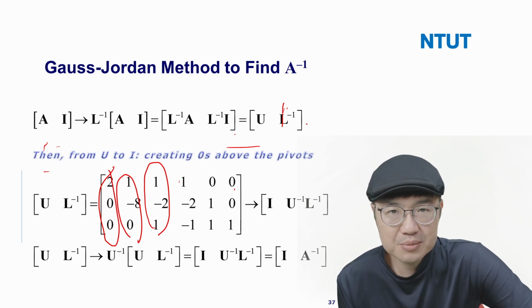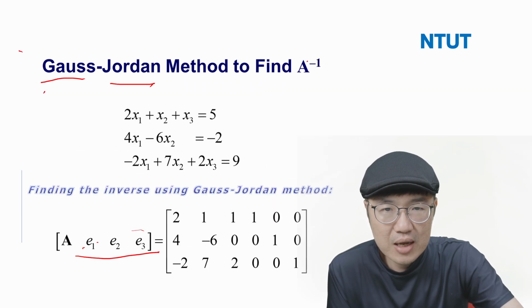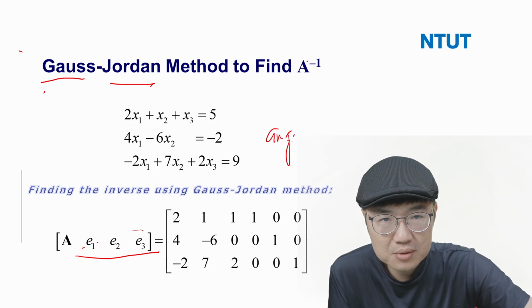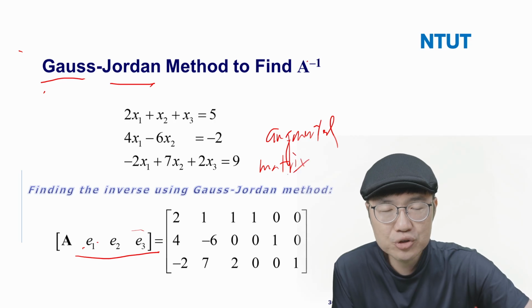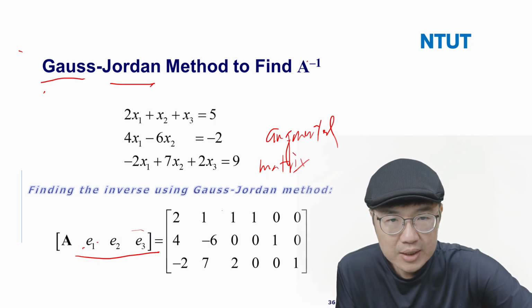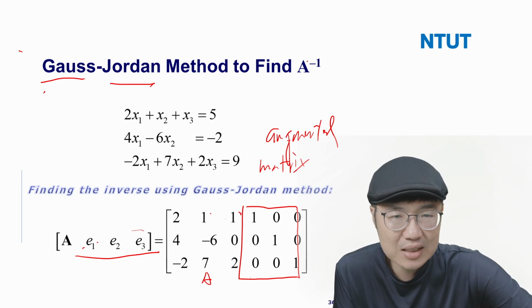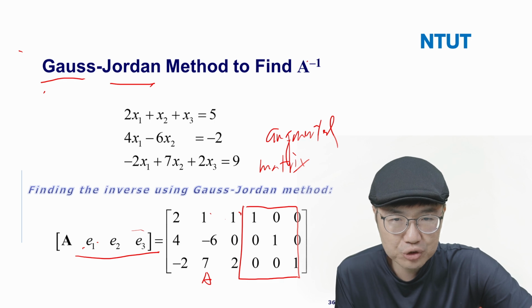That's only the first part. We call such a matrix an augmented matrix, or augmented form. This augmented matrix is found from the original A. When A is attached with something, we call such something the augmented matrix.